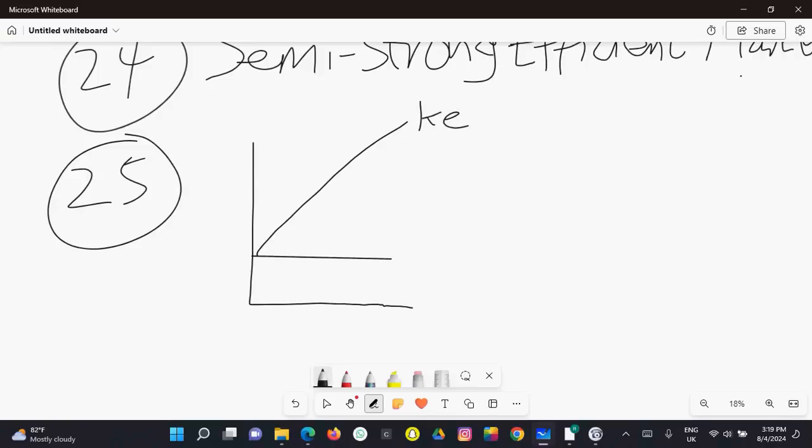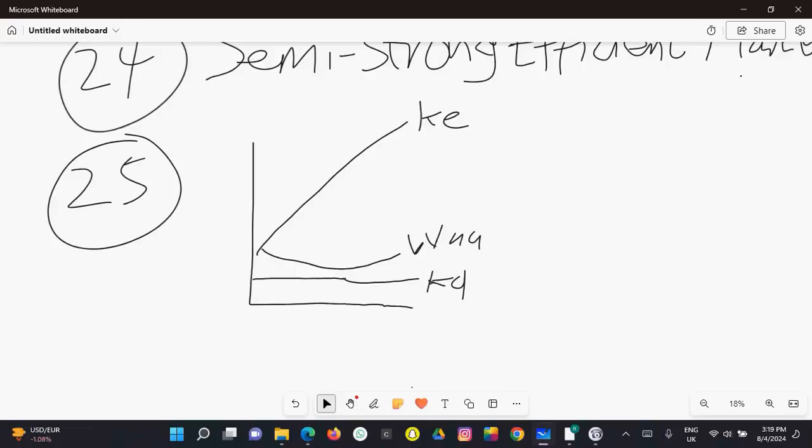This is the cost of equity, and then the cost of debt, and WACC.